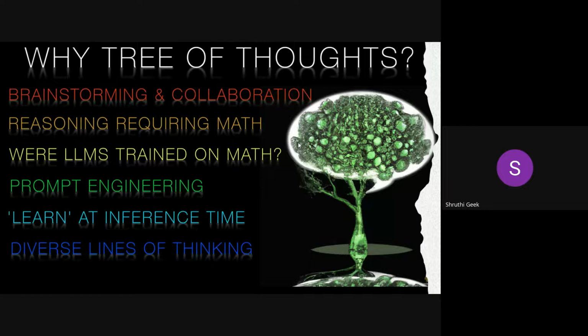Though basic problem solving was being done using CoT, for advanced and complex problem solving we definitely needed something more than that. And with this tree of thoughts, they are looking to achieve higher complexity levels in math problems, right?